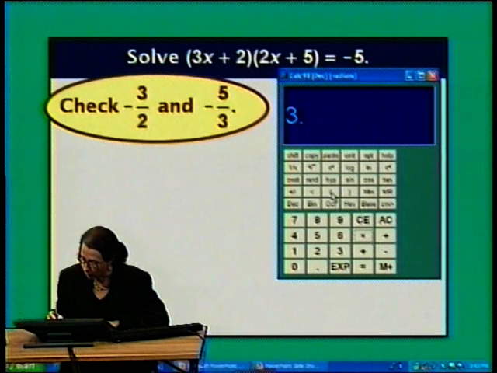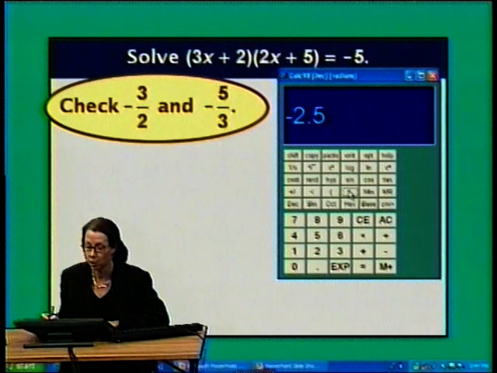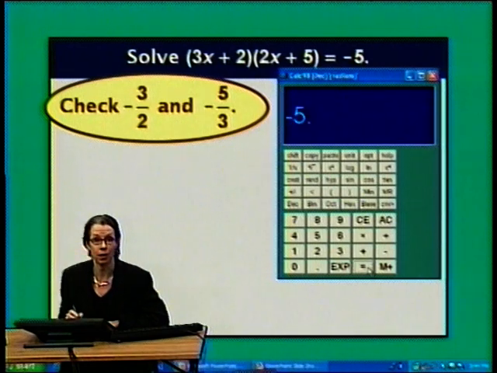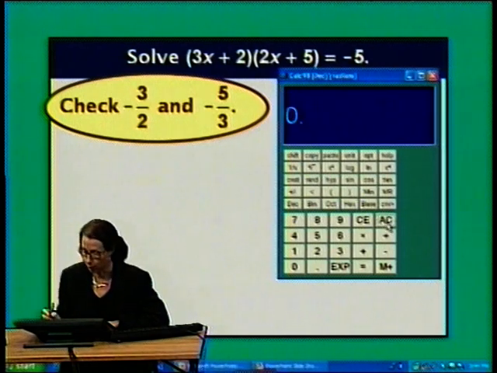So I'm going to put my fraction in parentheses, 3 divided by 2, make it negative, plus 2, close parentheses. Now I want to multiply that by 2x plus 5. So times, open parentheses, 2 times -3/2 plus 5, close parentheses, that equals -5. That solution checks.